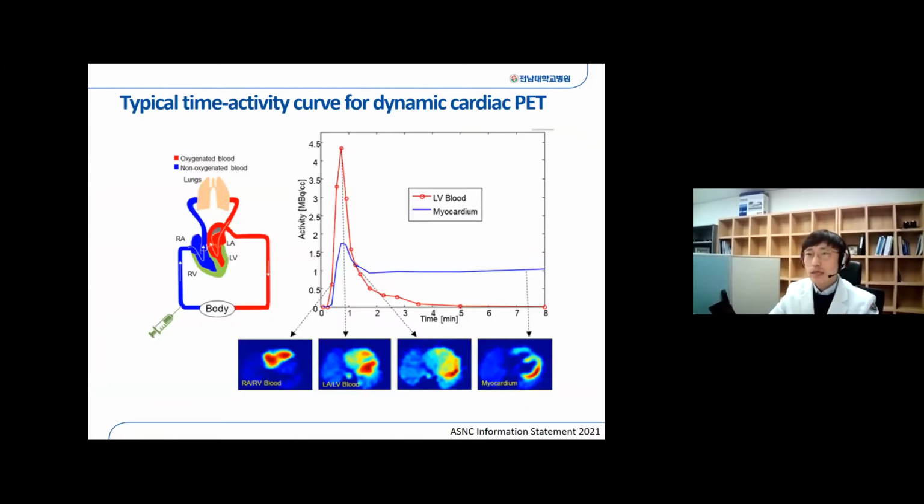After doing that, we can get the typical time activity curve, as you can see on the right.